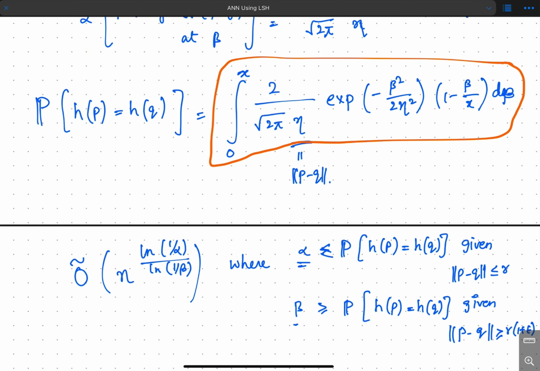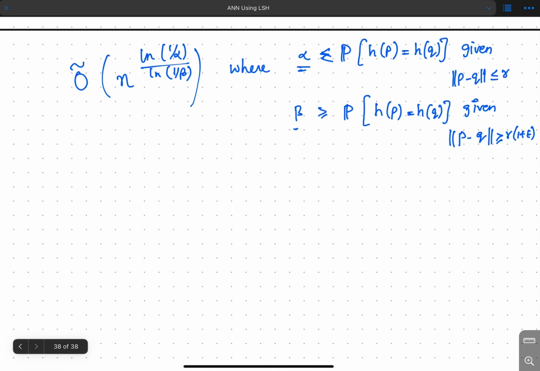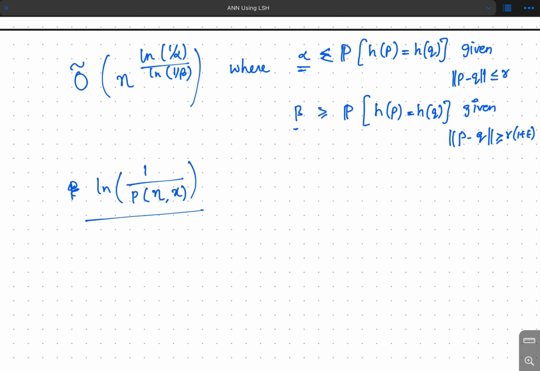If we define this integral as P of eta comma x, where x is the parameter, then we want to choose x such that ln 1 by P of eta comma x divided by ln 1 by P of eta times 1 plus epsilon comma x is minimized.